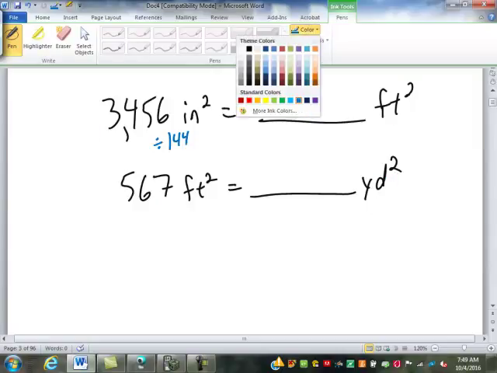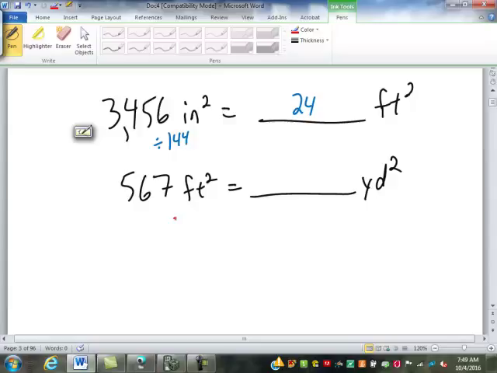Normally to get from feet to yards, we would divide by 3, but since it's squared, we're going to divide by 9. What do we get? 63? Perfect. Yep, we're going from a small unit to a large unit. The unit's getting bigger, so the number gets smaller, so that tells us we have to divide.